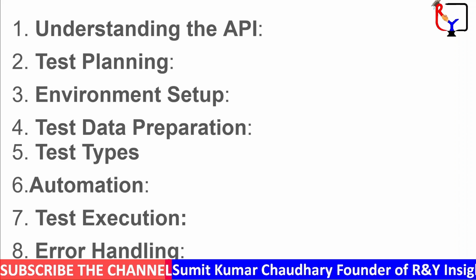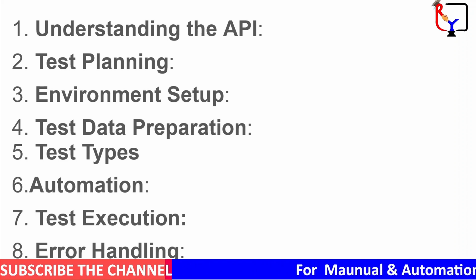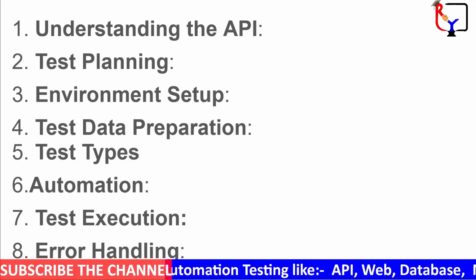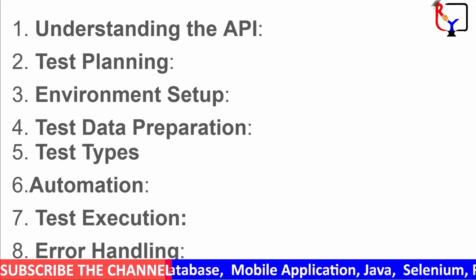And test types, like unit testing, integration testing, functional testing, performance testing, security testing. Unit testing is done by the developer during the development of the API. Integration testing helps to test two components, or we can say the communication between two components. Functional testing verifies the functionality of the API as a whole, including input, output, and expected behavior.